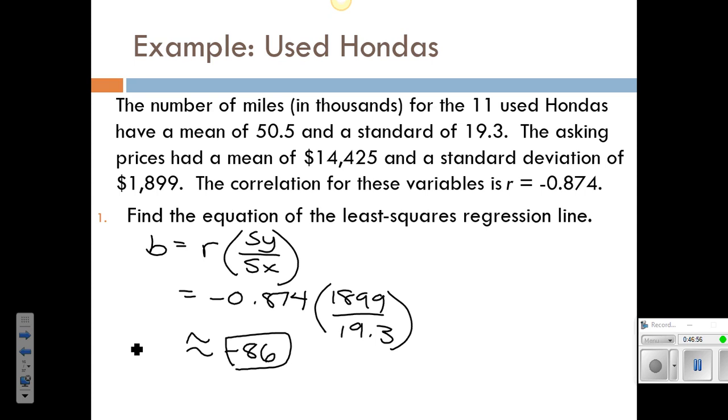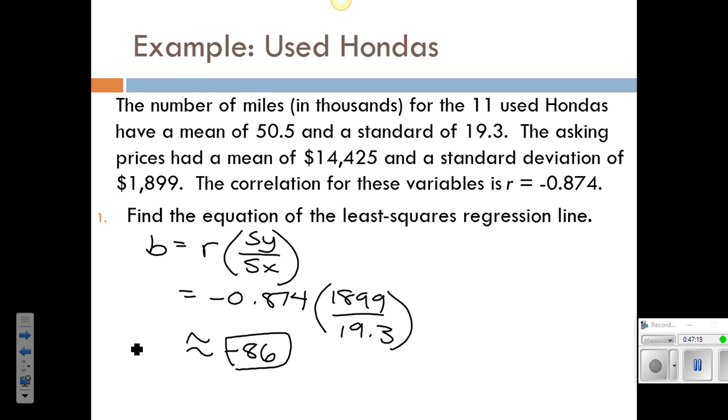Someone tell me what that is. Negative 86. Did you calculate it, or did you watch me write it? It's negative 86. Did anyone confirm that? Negative 85.99 something. Isn't that fancy?